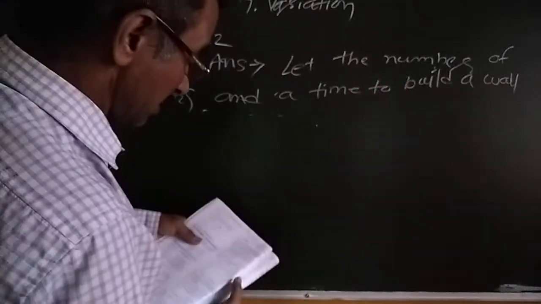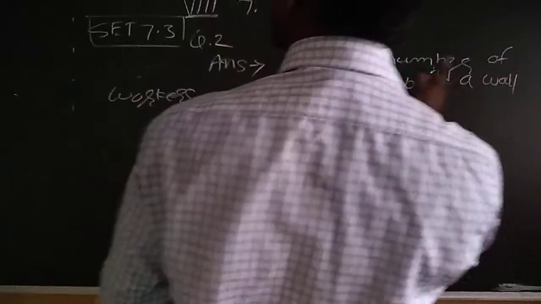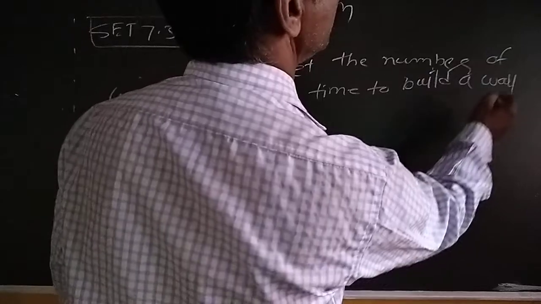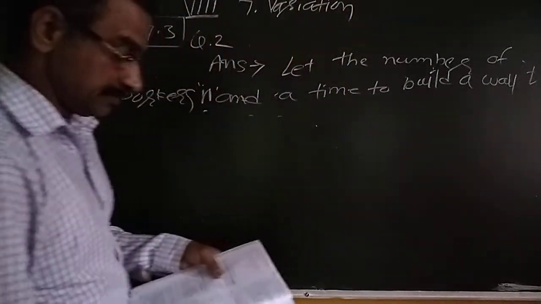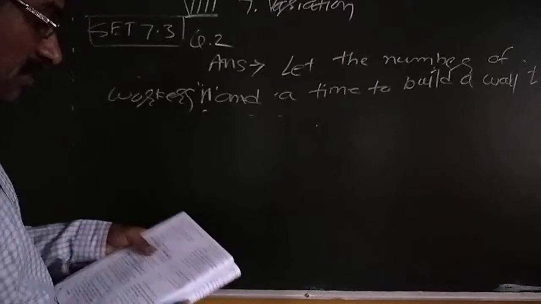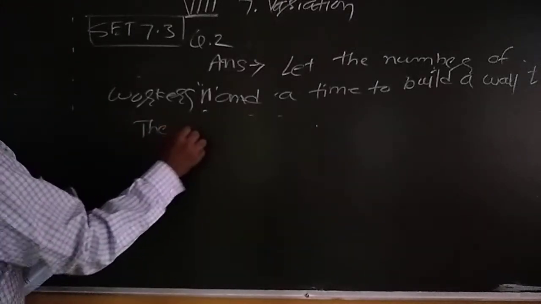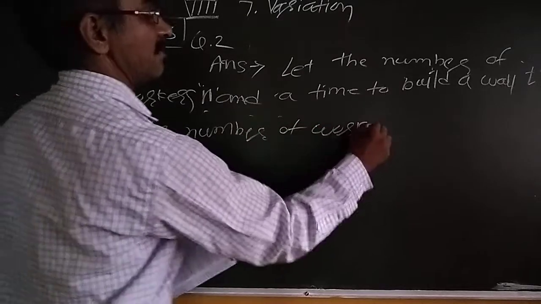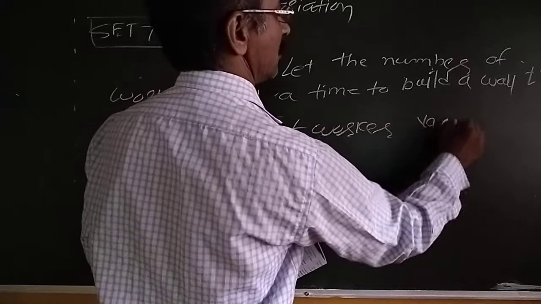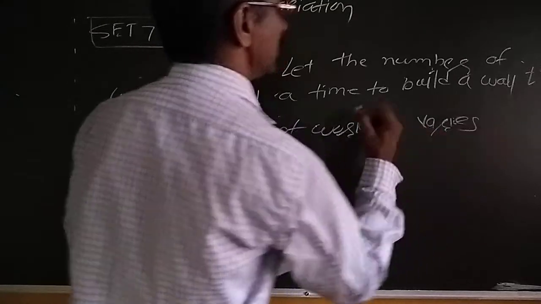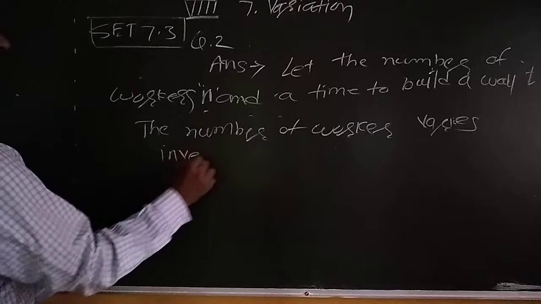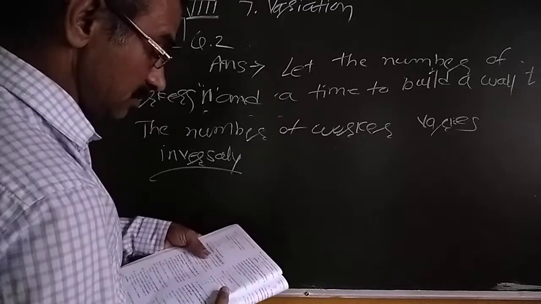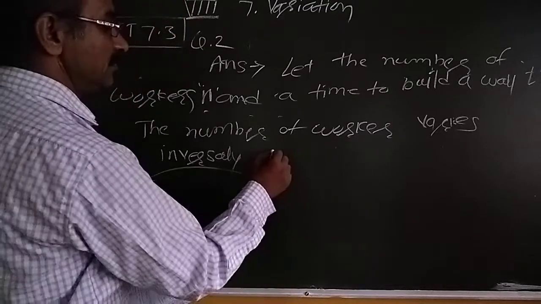The number of workers is denoted by n, and the time required to build the wall is denoted by T. The number of workers varies inversely with time.